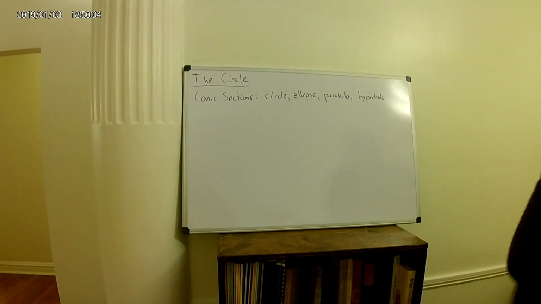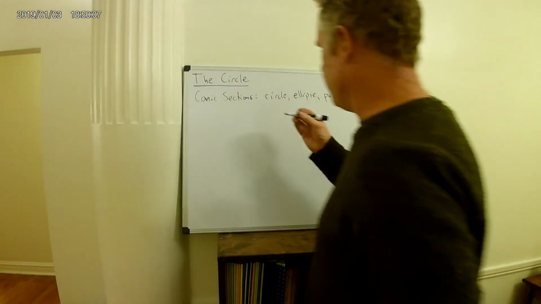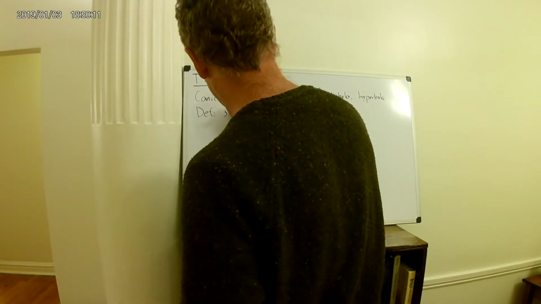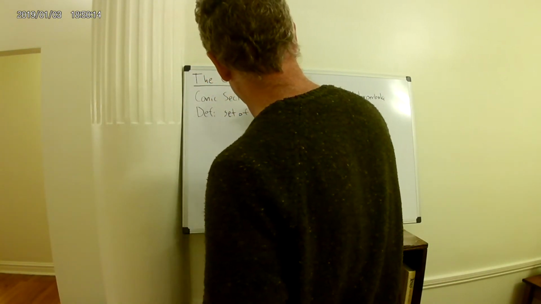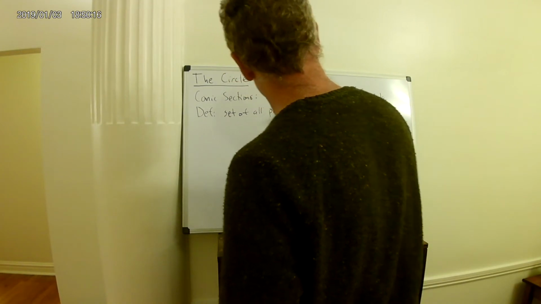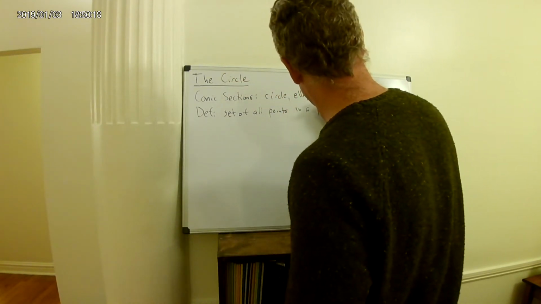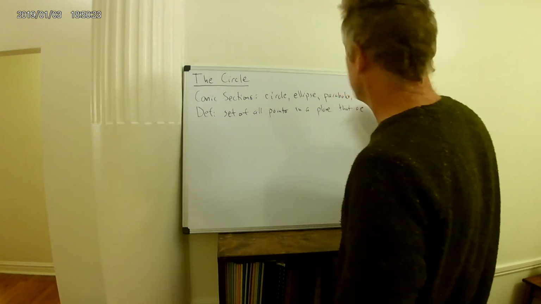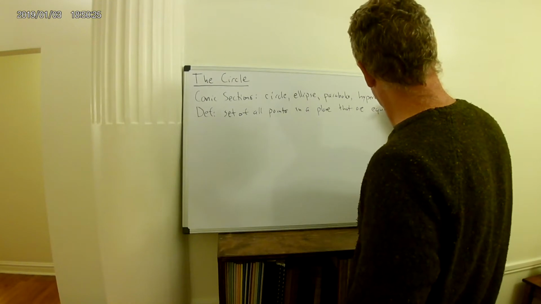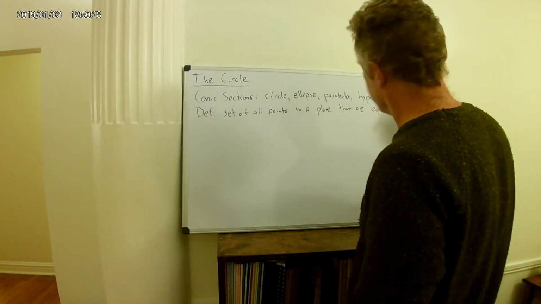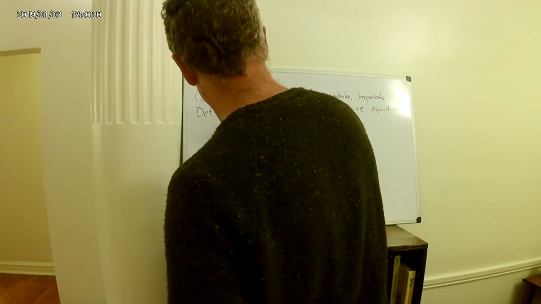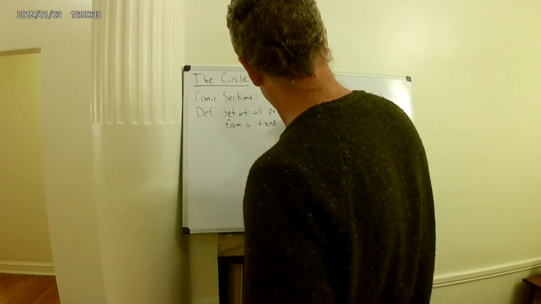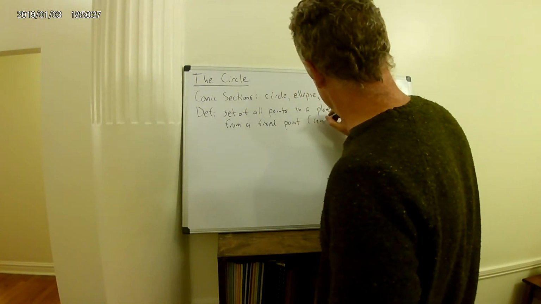And the definition of a circle is the set of all points that lie in a plane that are equidistant from a fixed point, and that fixed point is known as the center.